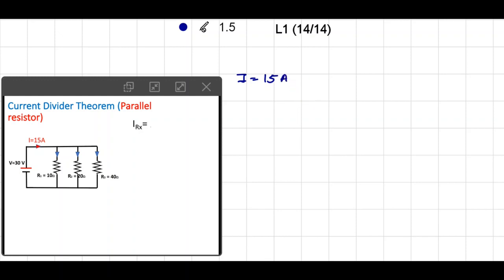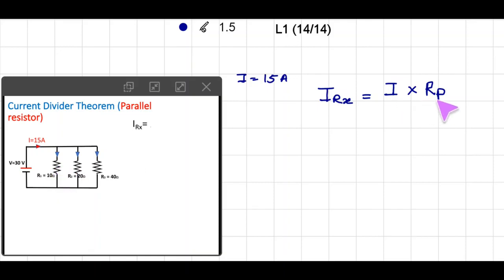First understand what the current divider theorem is. The current through any resistance Rx is given by the total current in the circuit multiplied by the effective resistance of the parallel combination of resistances, divided by the resistance Rx plus Rp. Suppose we are measuring current through R1.